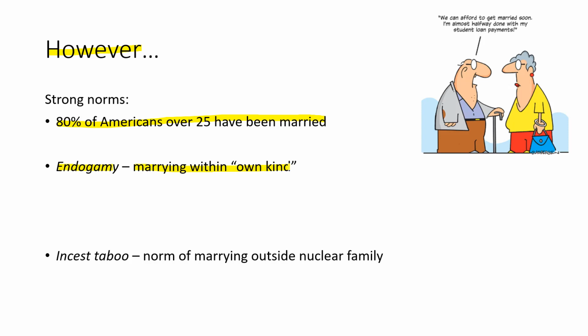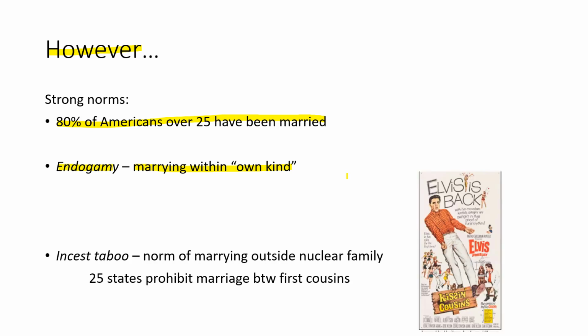Endogamy, marrying within your own kind. This is typically within your own ethnic identity group for the most part. And then we've also got some similarities as far as age range and education, some of those characteristics.